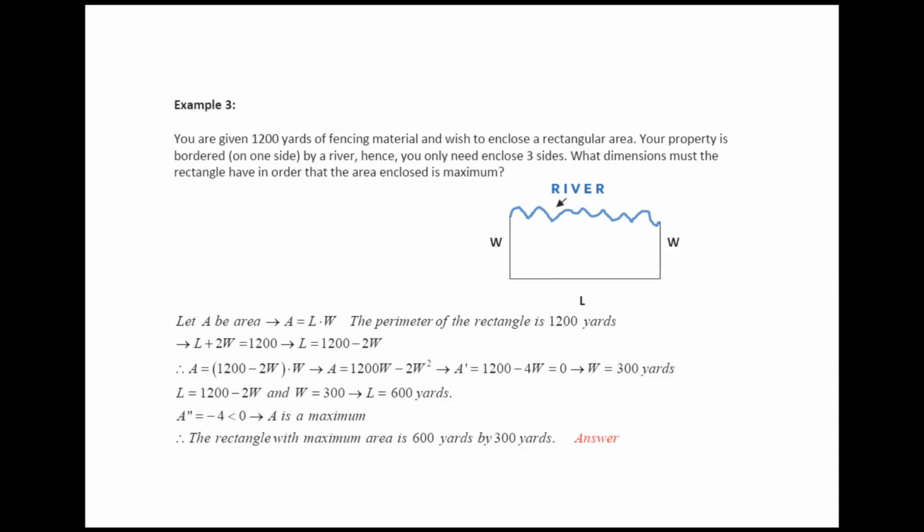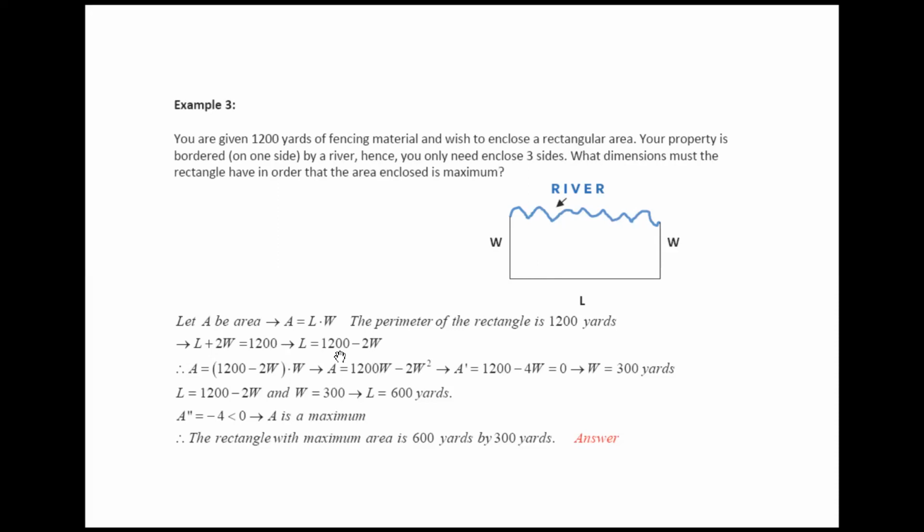Now we're going to solve for either L or W. Now you have a choice, but let's make an intelligent choice. We're going to solve for L, which is 1200 minus 2W. You could solve for W, but you're going to have a fraction. It's not going to be a major problem, but I think we'll be better off avoiding a fraction if we can, and so we do, but that's your choice.